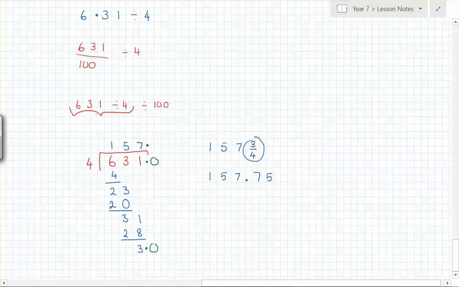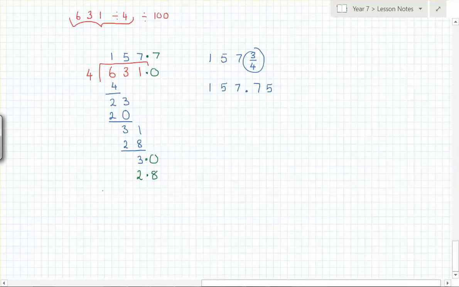So 4 into 30 goes how many times? 7. 7 times 4 is 28. But I write the decimal point in. And then the remainder is 2, but it's 0.2 because I've got a decimal.